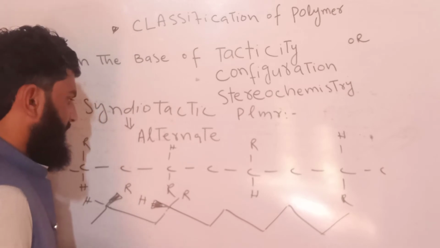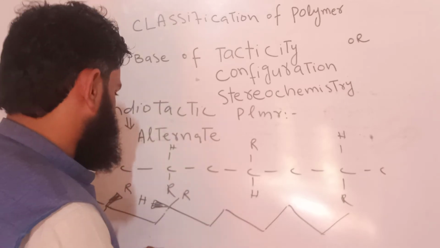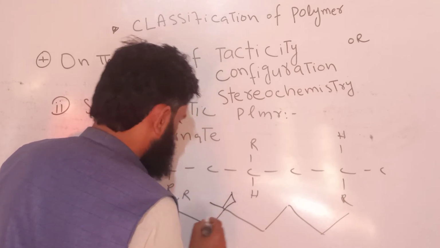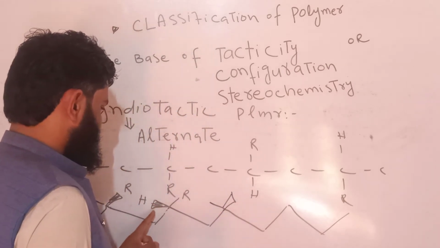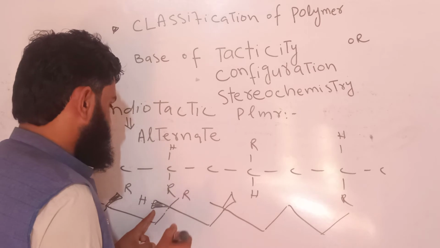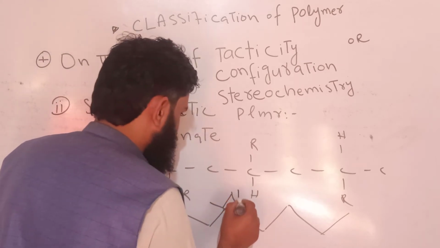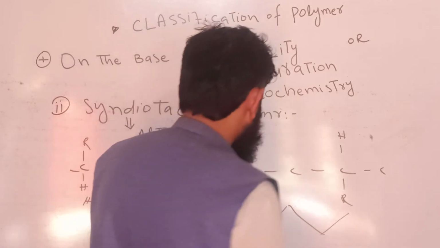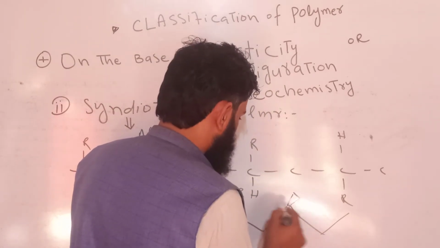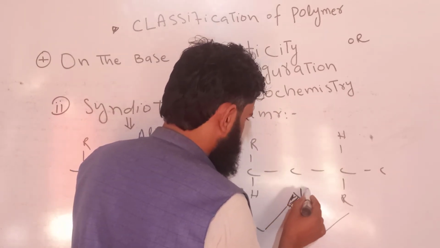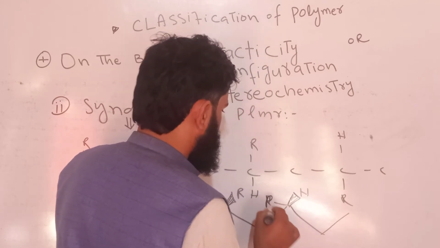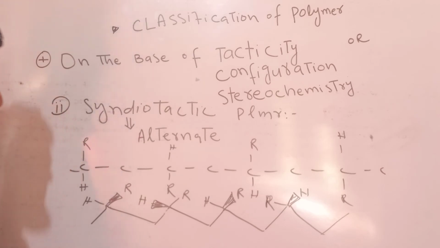Again, if I write it, it will be better. Here at the wedge it is hydrogen, at the wedge here will be R again and H, at the wedge it is R, here will be hydrogen, and here will be the alkyl group. Clear?